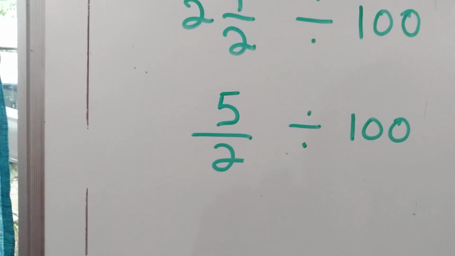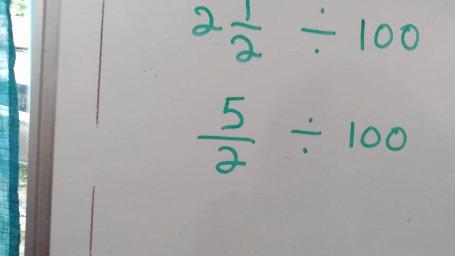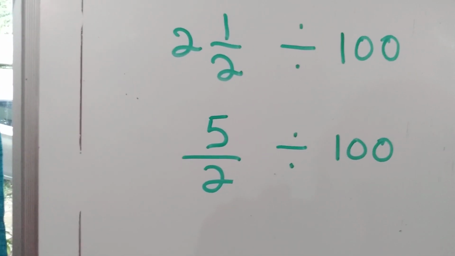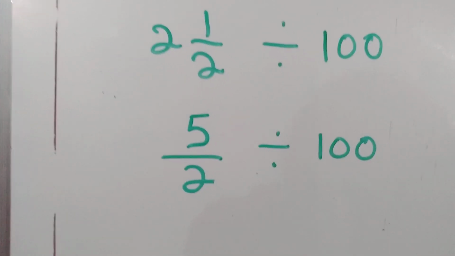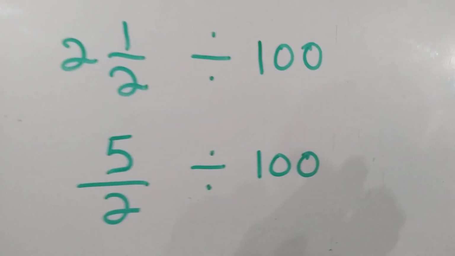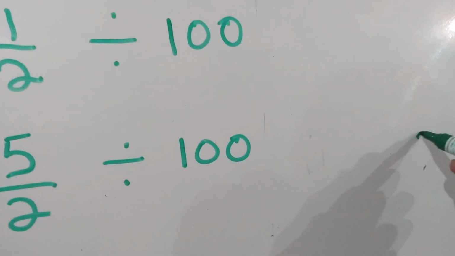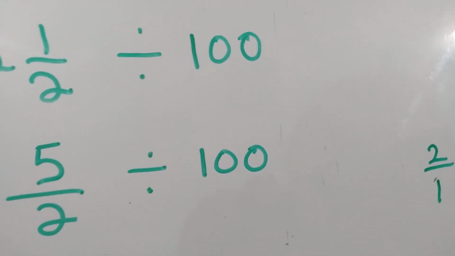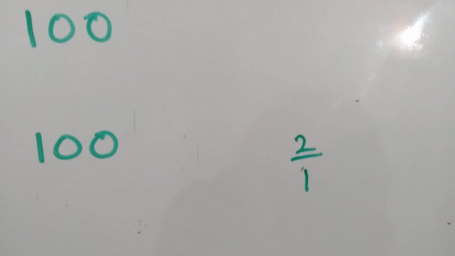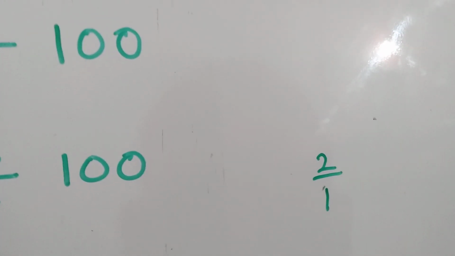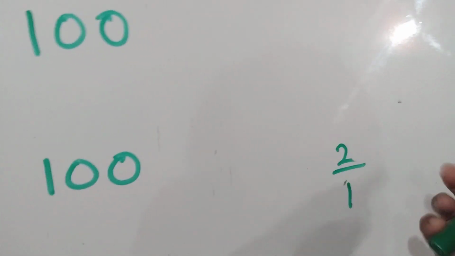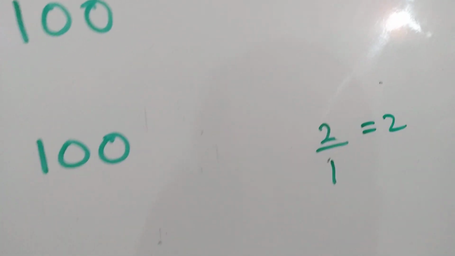All right. So the next thing we want to do is there's another rule in mathematics. Right? In mathematics, it is said that every number could be written over 1. If you write a number over 1, 2 over 1, it means you're dividing 2 by 1. And if you divide two things into groups of 1, you still end up with 2.